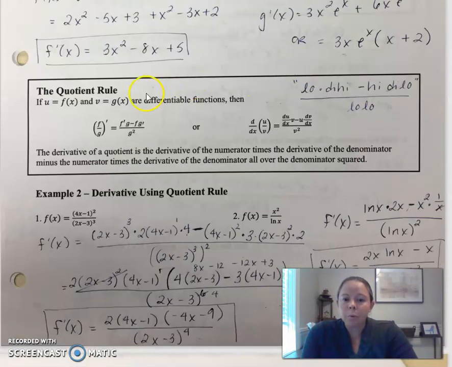Then the quotient rule is this. And you can see it's kind of hard. You're like, whoa, that got really complicated. Well, here's an easy way to remember it. It's low d high minus high d low all over low low.